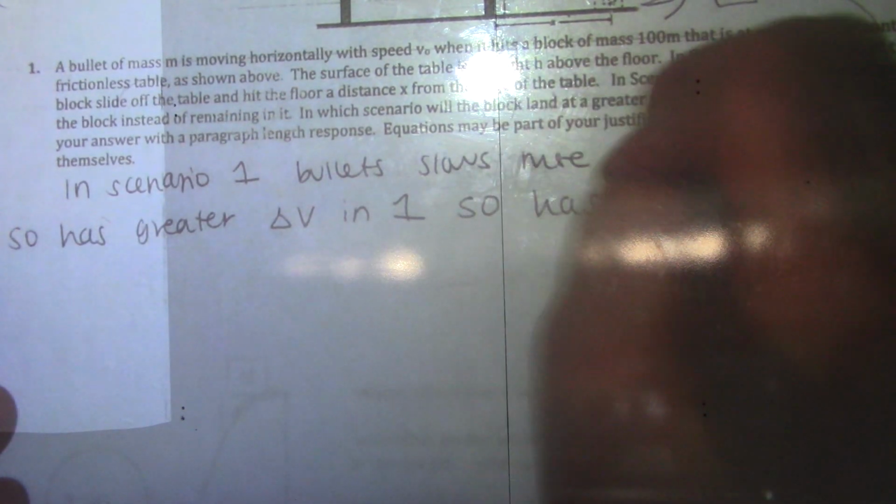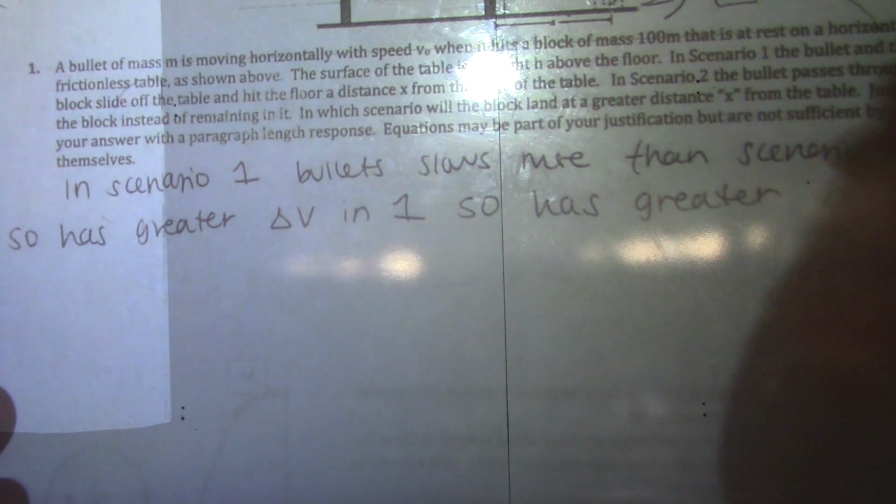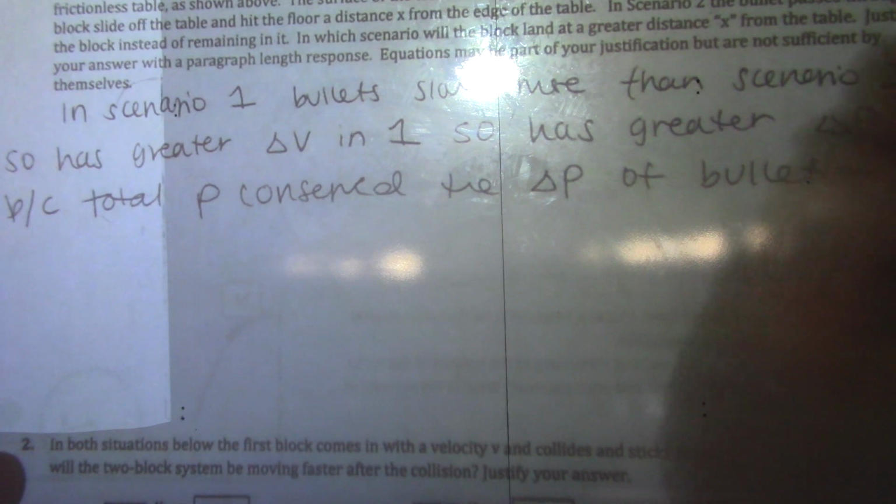So it has a greater change in velocity in 1. A greater change of velocity, so I'm going to say it has a greater change in momentum. Because total momentum is conserved, the change in momentum of the bullet is the change in momentum of the block.